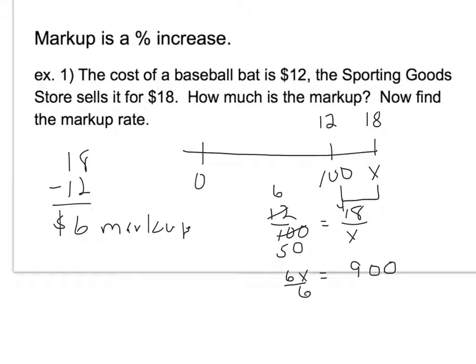Last step, divide by 6. So you get x equals, 6 goes into 9 one time with 3 left over. That goes 5 times, so you get 150. So that means that this is 150%.